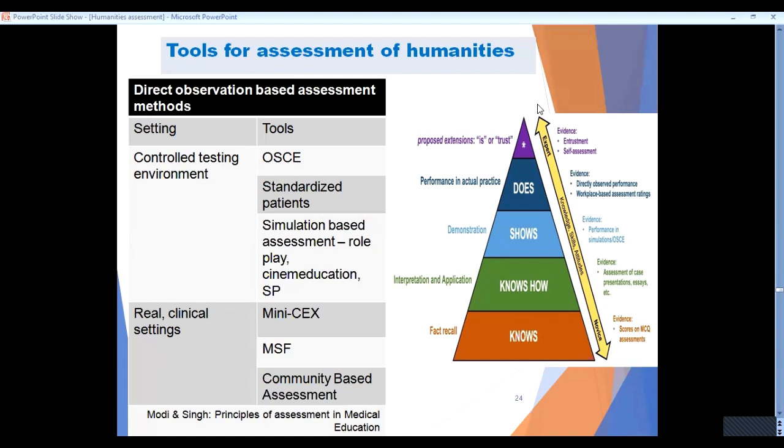So there should be some faculty observing whenever they are demonstrating or doing something. That is called a controlled testing environment. So typically in the OSCE, the objective structured clinical examination, as we know, the rotations are there and there is always one observer, because you cannot leave the students alone with the patients.